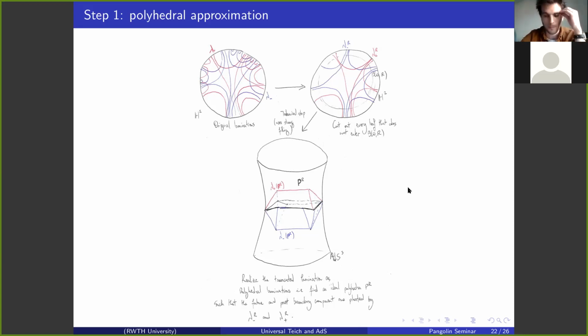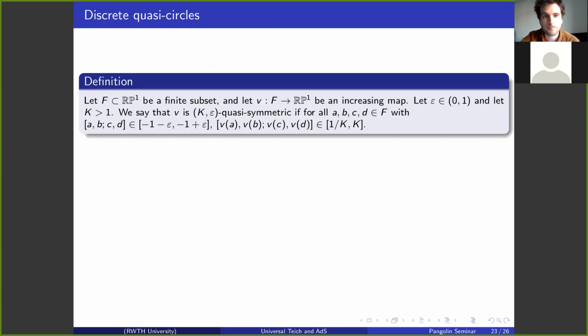Right? So if you believe this, let's say the outcome of this construction is an ideal polyhedron, and the vertices of this ideal polyhedron, I want to see them as a discrete quasi-circle. And so a discrete quasi-circle should be the following thing. Of course, I would wish to define a discrete quasi-circle as sending symmetric points to points of bounded cross ratio, but maybe I can't, right?